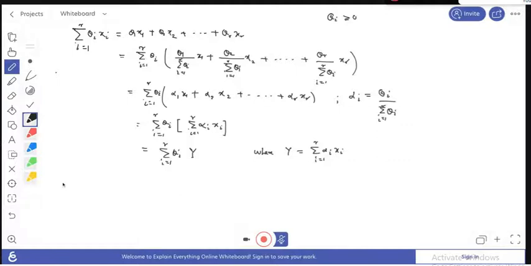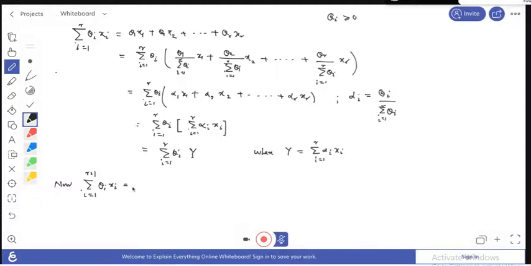Okay, so now what is the value of the summation i equals 1 to r plus 1 of theta i xi?